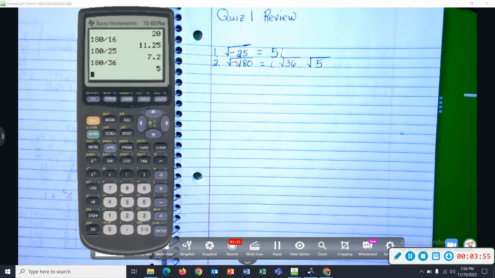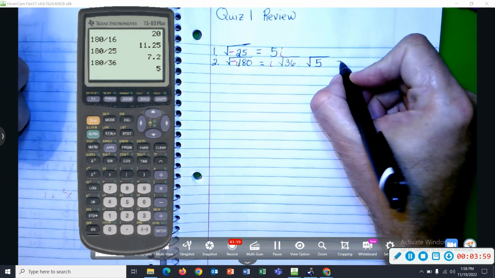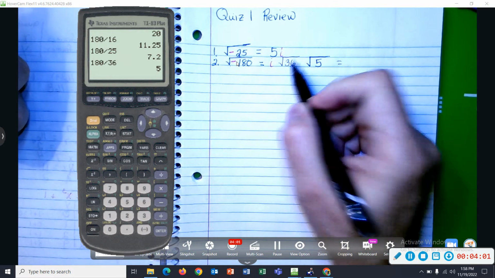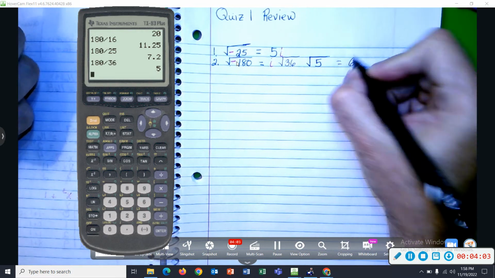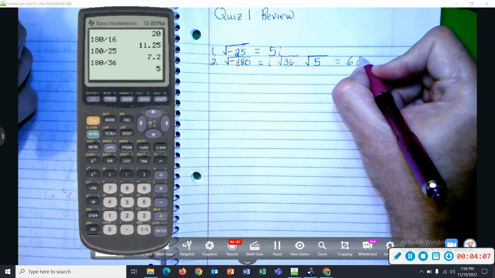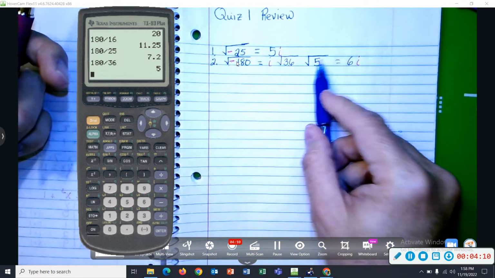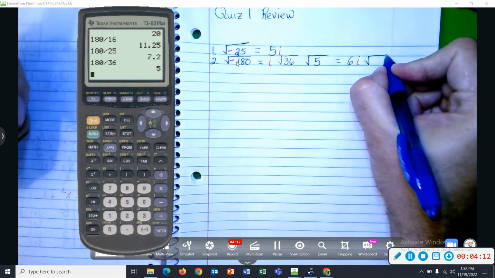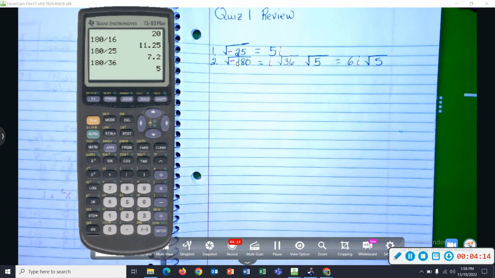And now let's follow the colors. The square root of 36 is 6. I'll write this in standard form, putting the i in front of the square root of 5. So 6i square root of 5.